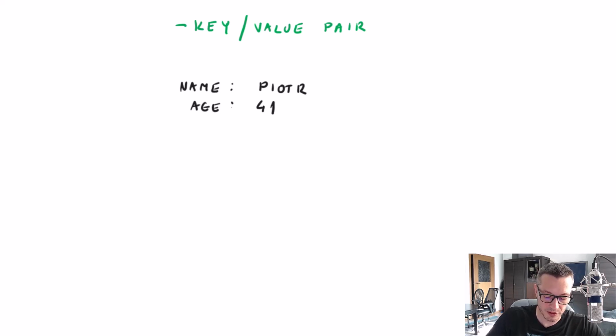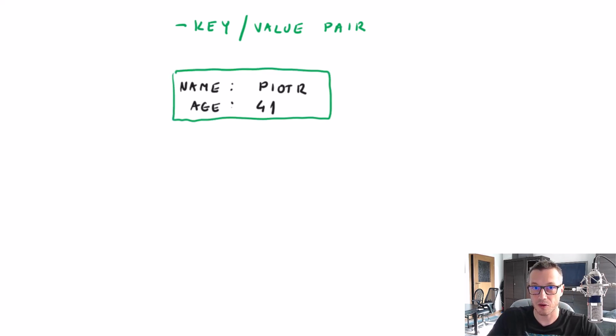And those two properties create together something called entity. Entity 1. And you can think of entity like something similar to a row in traditional databases. Then I would create yet another entity, entity 2, that might have a completely different set of key value pairs.